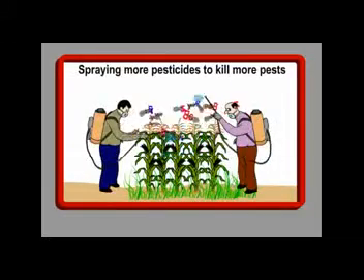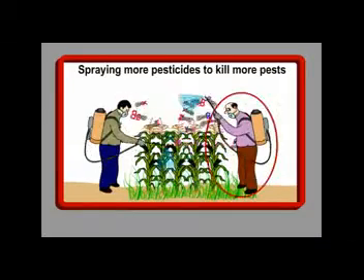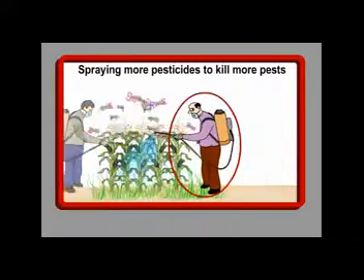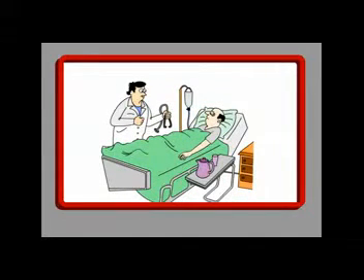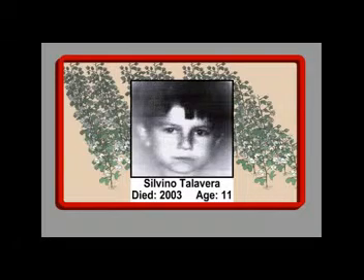GE plants are effective only for a short time against specific pests, but after a while, the pests and weeds in the field build up resistance and the farmers end up using even more pesticides than before. This has been found true for GE cotton. GE soya fields in South America spray huge amounts of pesticides.